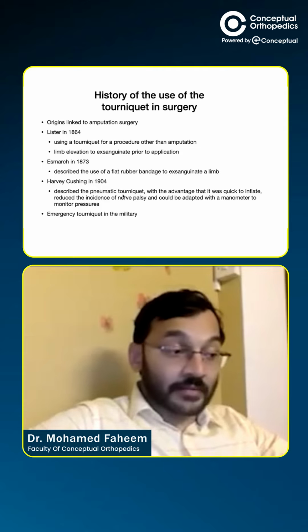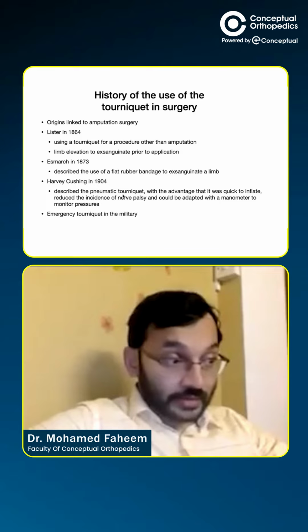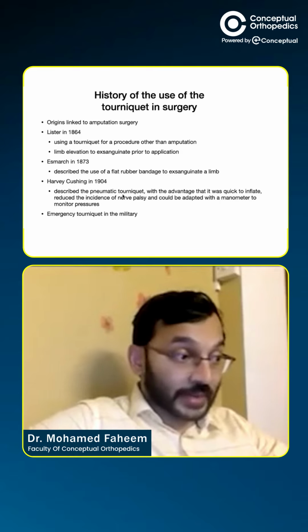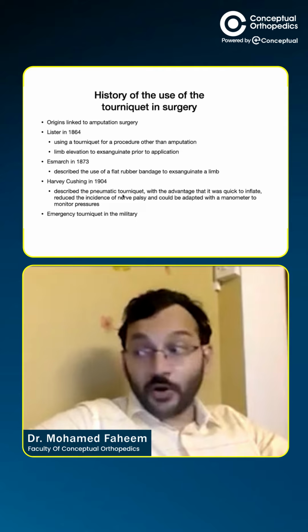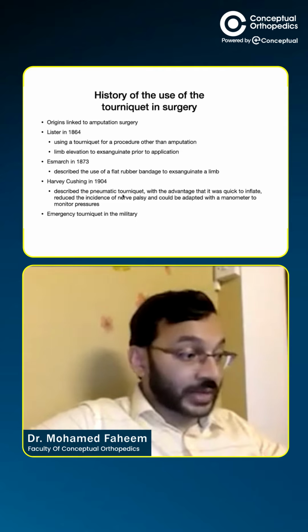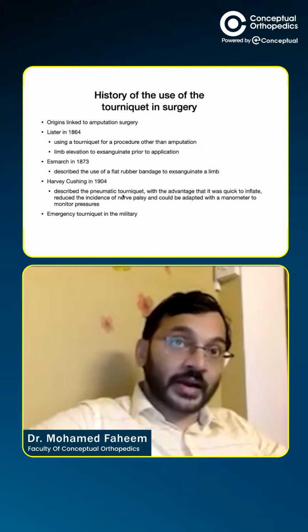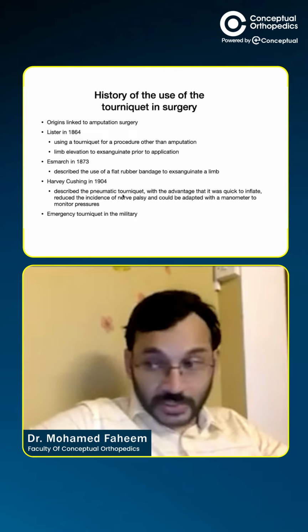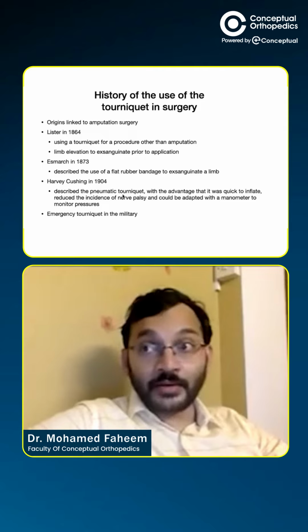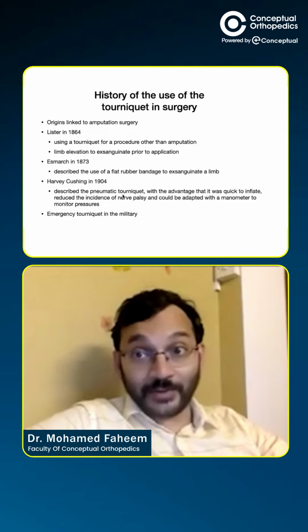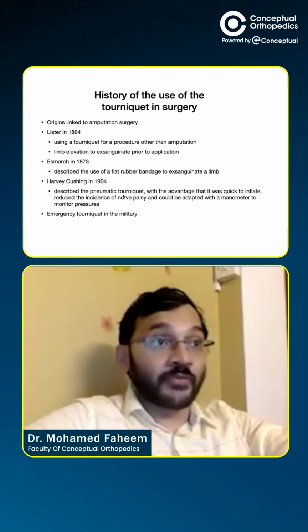Of late, with all the world wars as well as the higher military presence, the use of emergency tourniquets has also come into being. Emergency tourniquet is definitely used in military warfare, but also in regular polytrauma patients where the limbs are exsanguinated, and most of our general population as well as the geriatric population are already on some amount of anticoagulation.